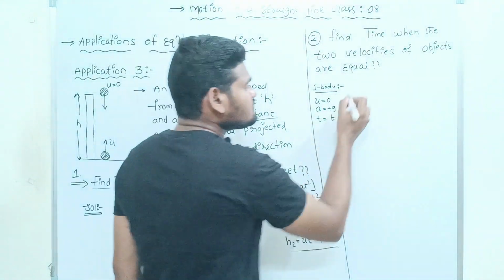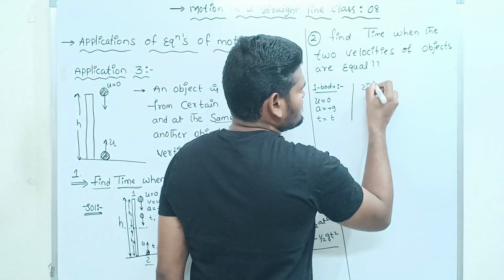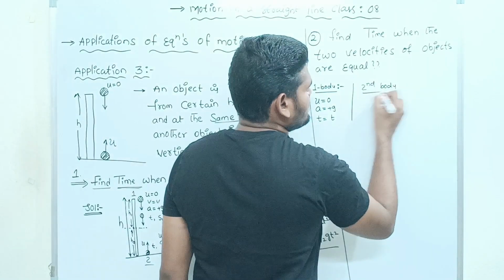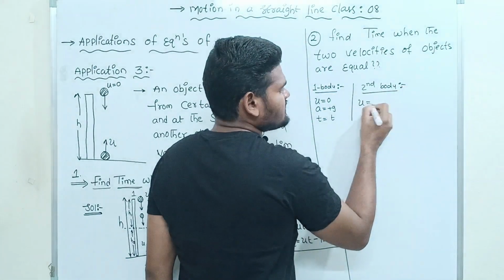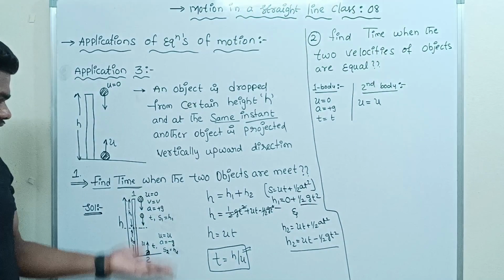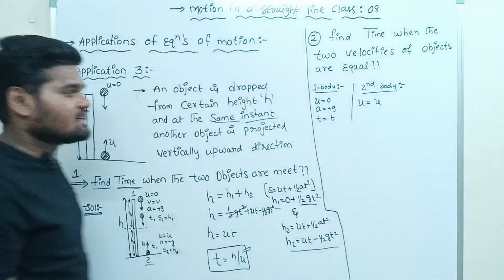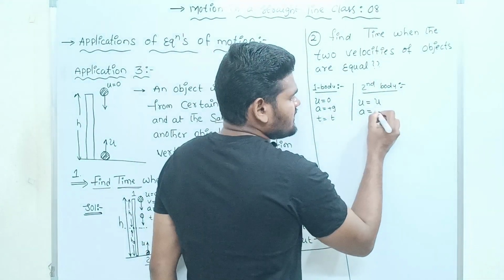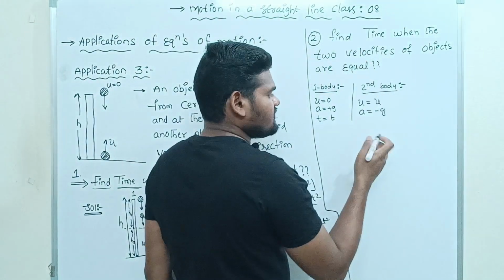In case of the second body, it has an initial velocity u. It is an upward projected body, so the acceleration due to gravity is minus g because it is moving away from the ground.